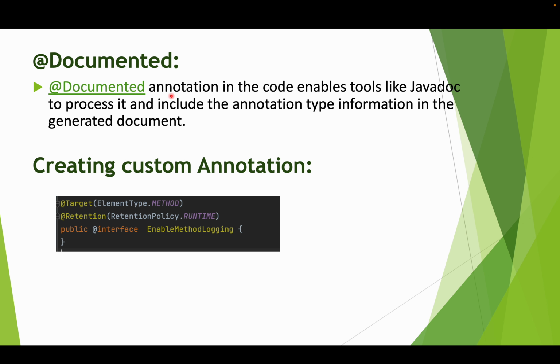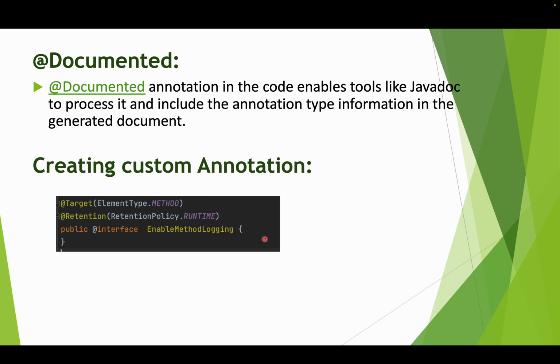So if we are creating a document using a tool like Javadoc, will the annotation that I am creating need to be included or not? That will get decided using the @Documented annotation. If we provide it, it will include that in the document that is going to be created, and if we didn't provide it, it will not be included in the document. This @Documented annotation is mainly for documentation purposes.